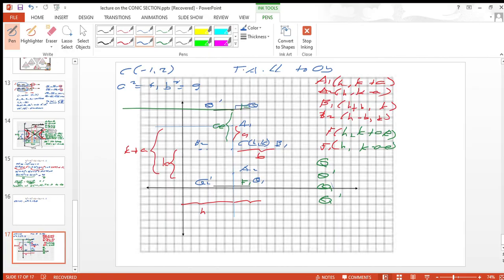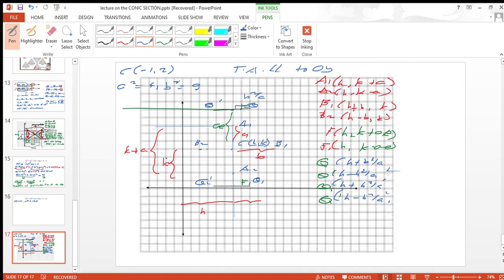F to Q is B squared over A. So if you draw your coordinates, Q has the same ordinate as Q prime. So that must be H plus B squared over A. To the left, H minus B squared over A. This is H minus B squared over A.